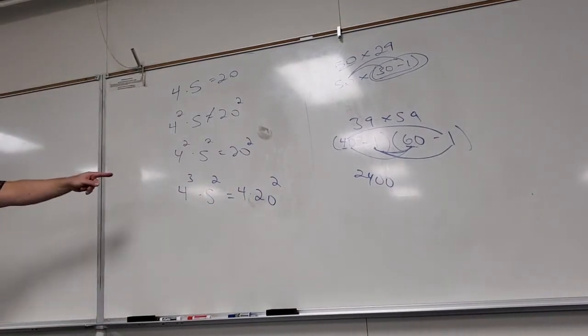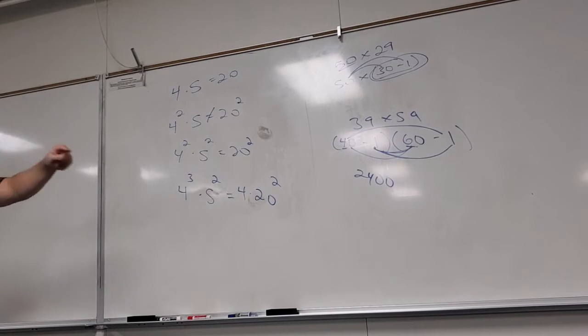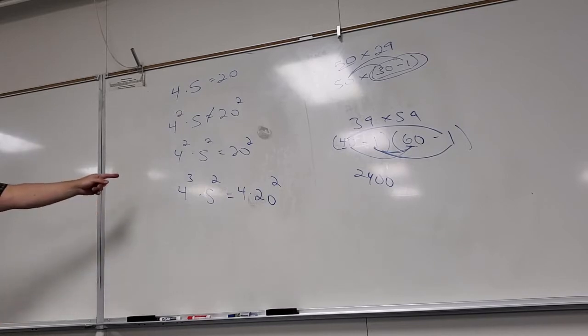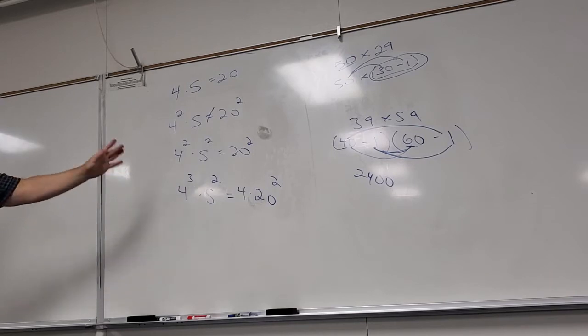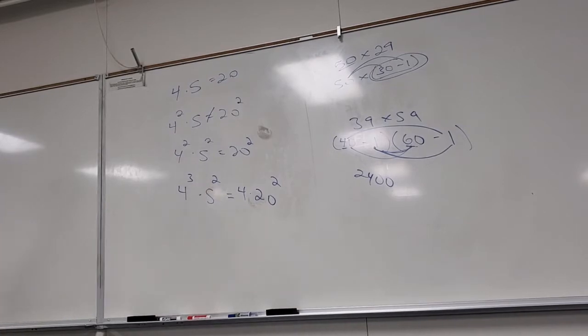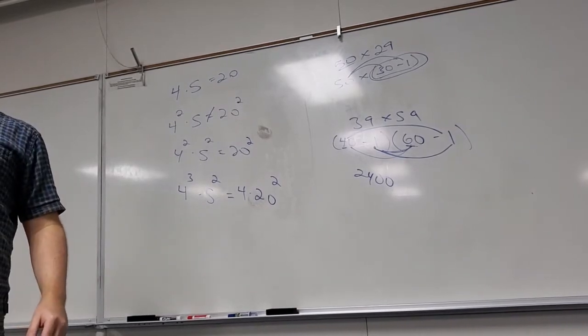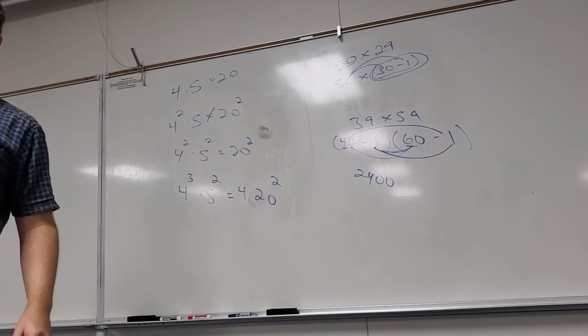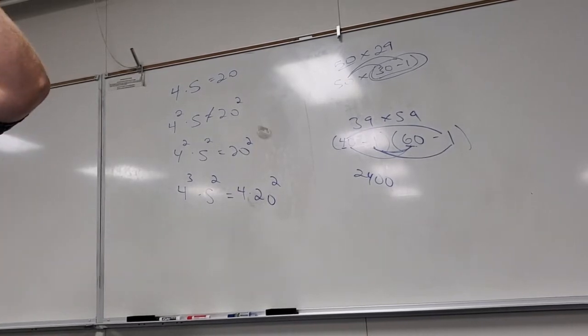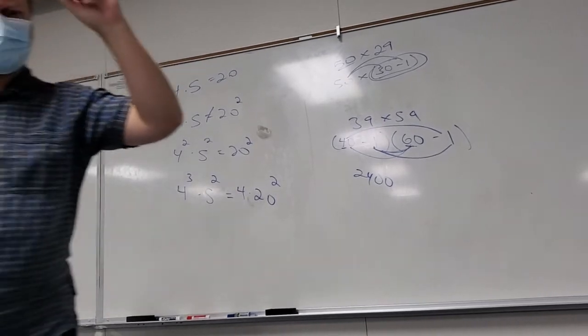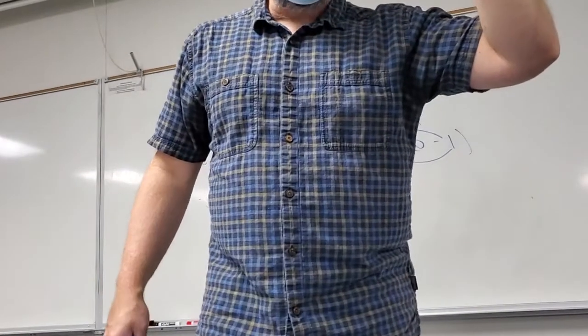Look at that problem. Up here I got 4s and 5s making 20s. On the paper I had 3s and 2s making 6s. Exactly the same problem. How many 3s do you have? 4 3s.